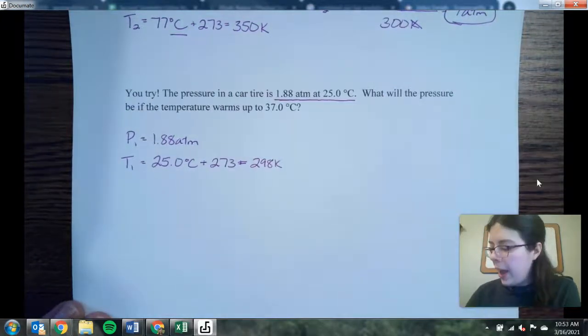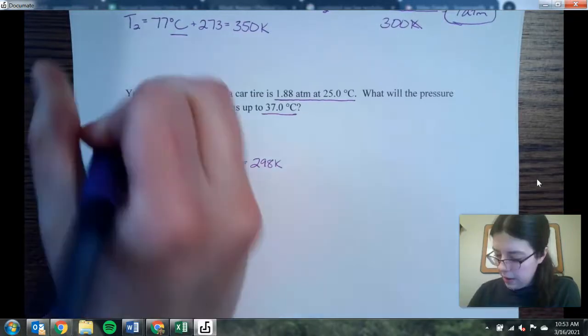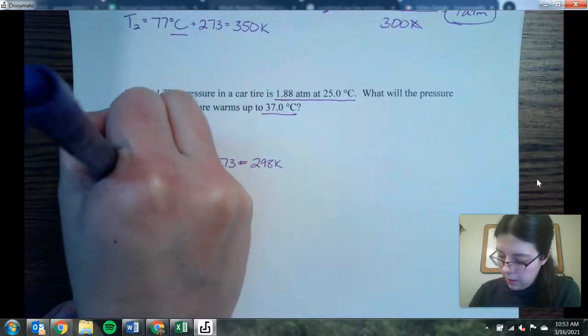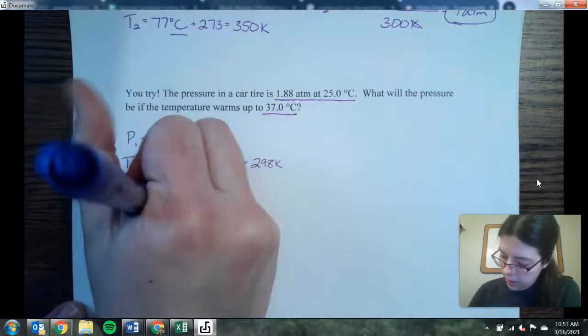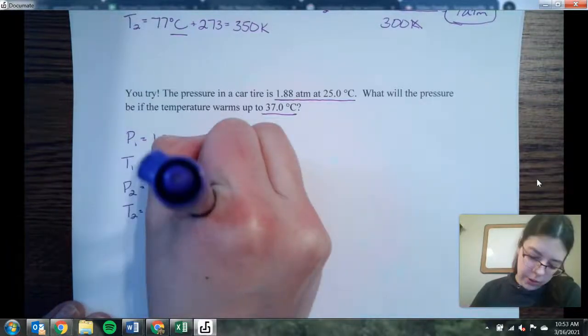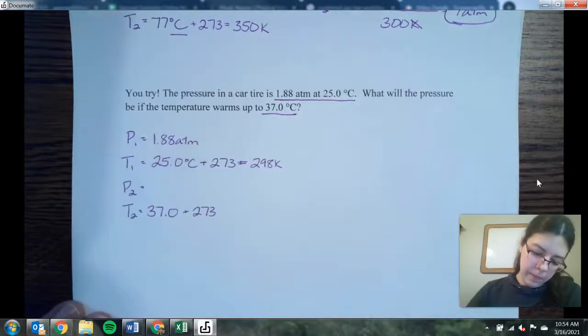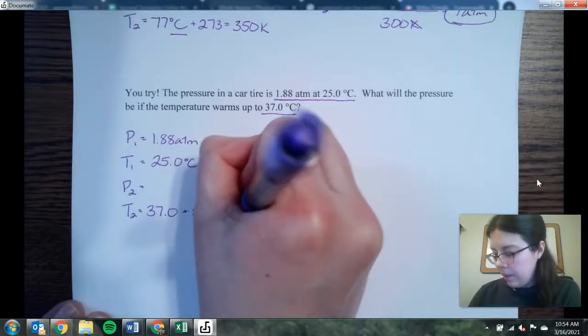And then we have our final temperature, which is 37.0 degrees Celsius. Again, we add that 273 to that number. So that gives us 310 Kelvin.